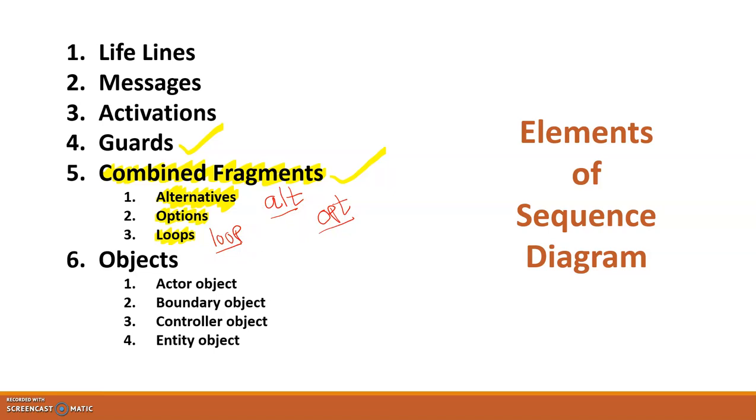How to do it? For that, we draw one rectangle, right? We draw one rectangle, and in that rectangle, at the left top corner, we draw this box.